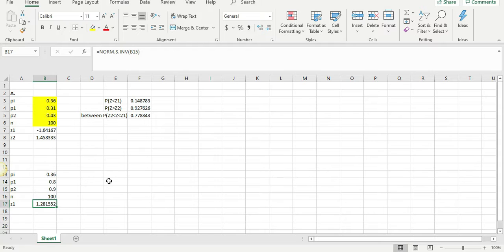So now we need the probability that z is greater than the lower bound and less than the upper bound, so it's between the two.